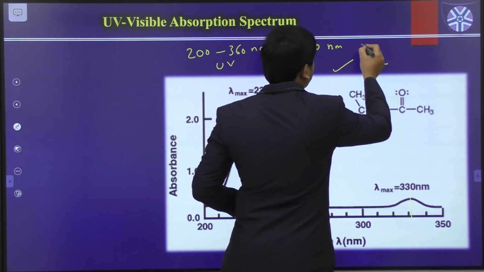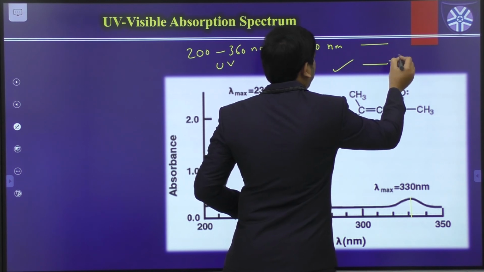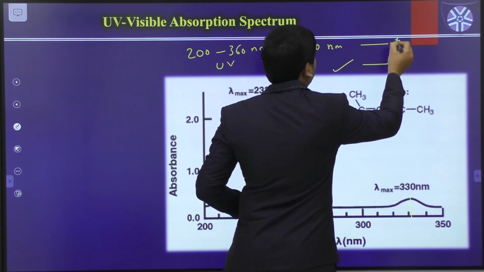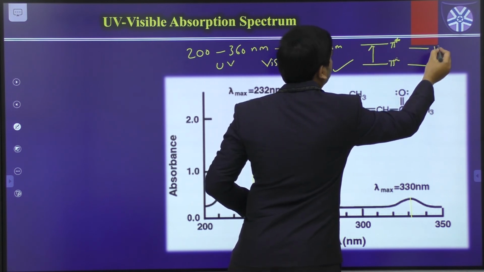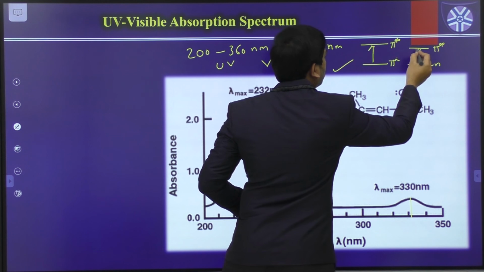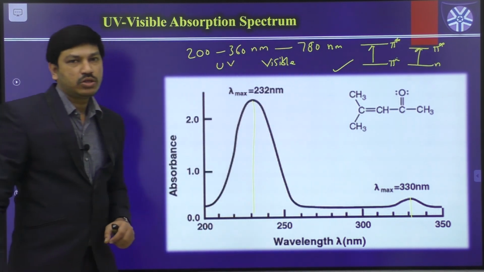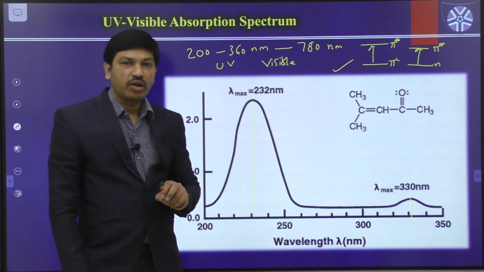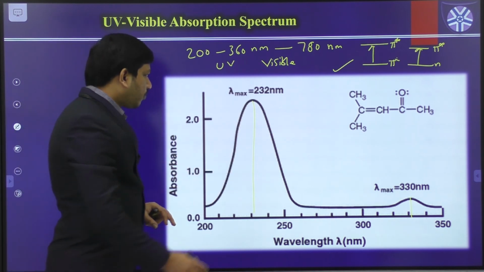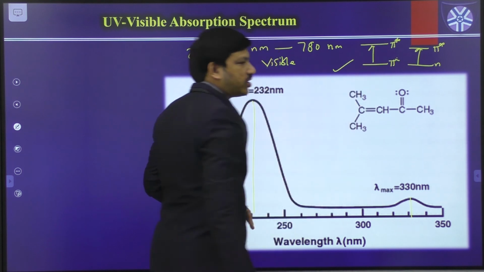Generally that is nothing but the pi to pi star transition, or the n to pi star transition. Because these two electronic transitions require the lowest amount of energy, these are the most probable transitions.